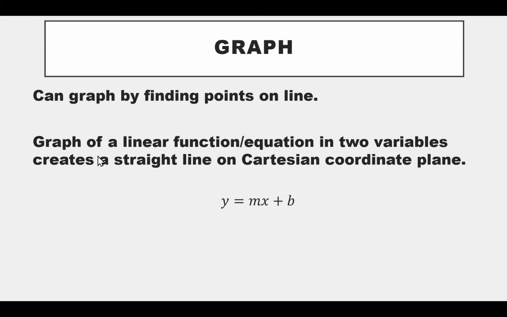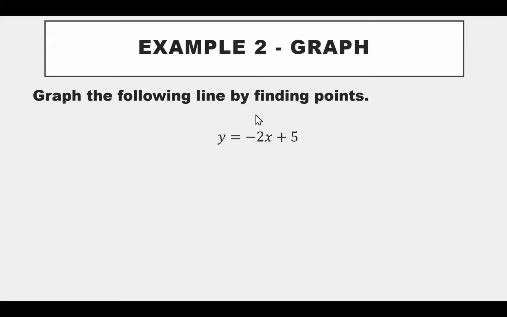The first way we're going to graph is by our standard finding points on that line. In other words, finding points that make this equation true. Let's do an example.